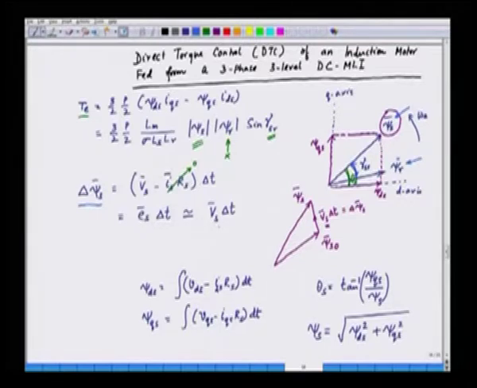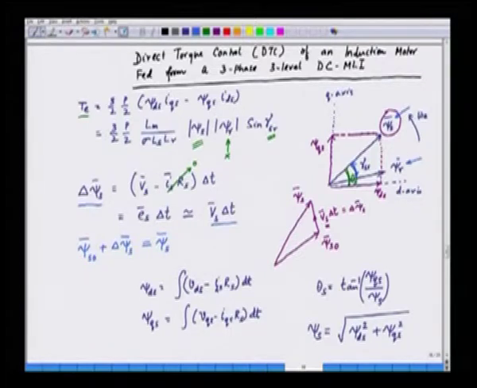So, what we finally obtain is Vs into delta t. We know that the stator flux initial value is psi s naught, and we have a change in the value, delta psi s. If you add this vectorially, we obtain the total flux vector psi s.